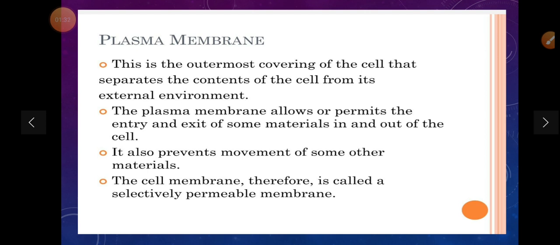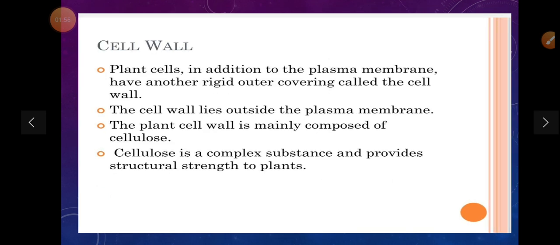The cell membrane or the plasma membrane is therefore called a selectively permeable membrane. Why is it called a selectively permeable membrane? Because it allows the movement of selective, specific materials. That's why it is known as a selectively permeable membrane.